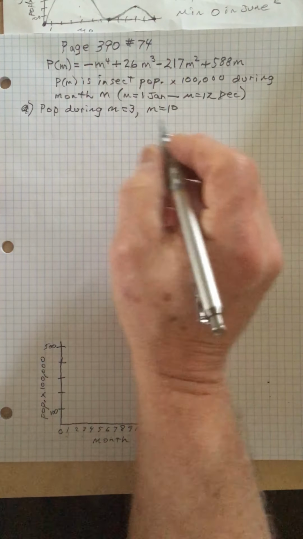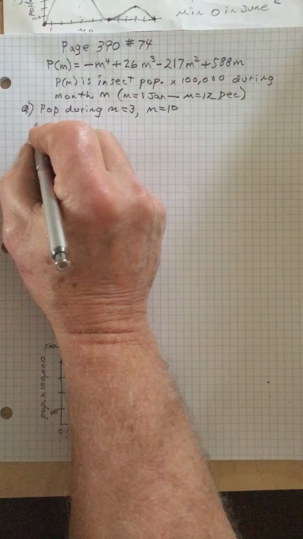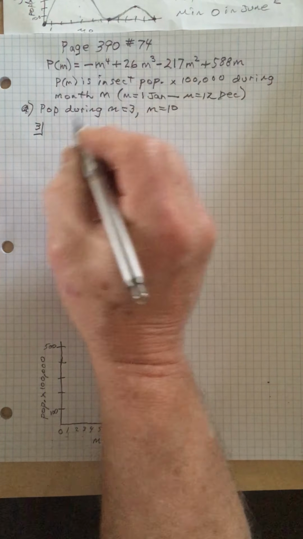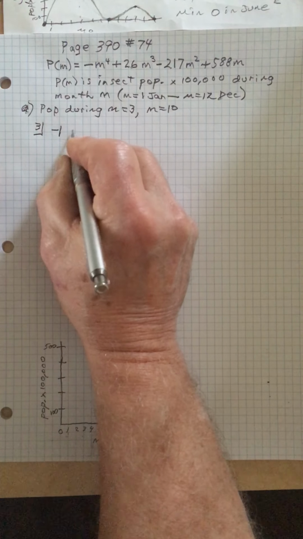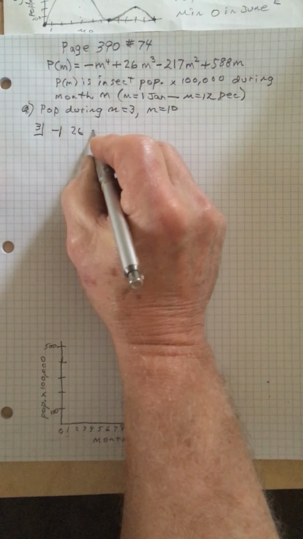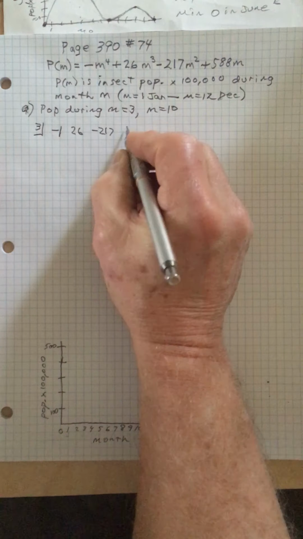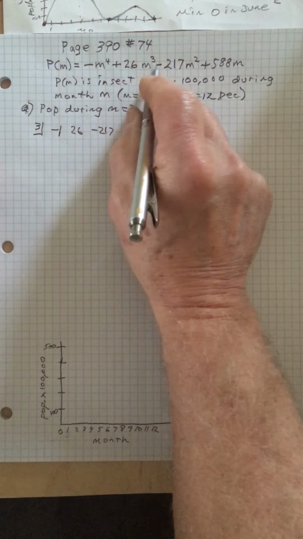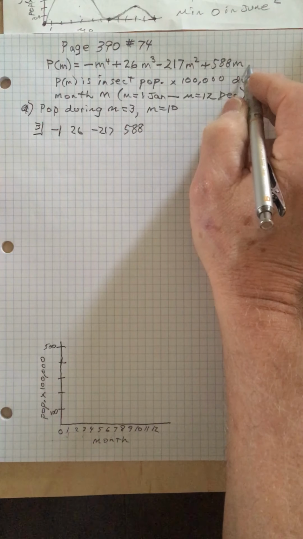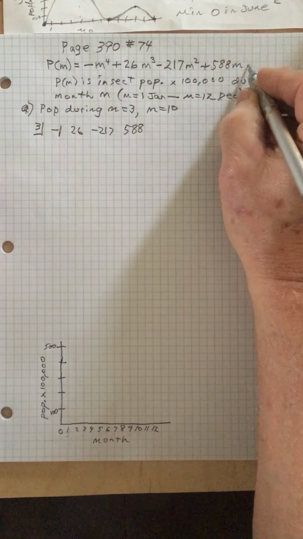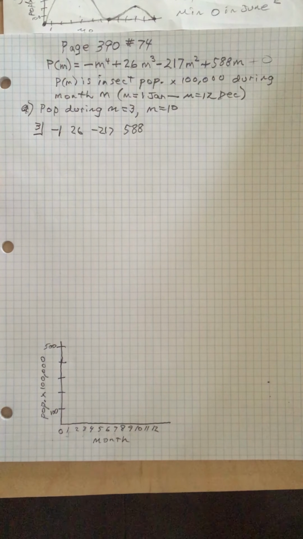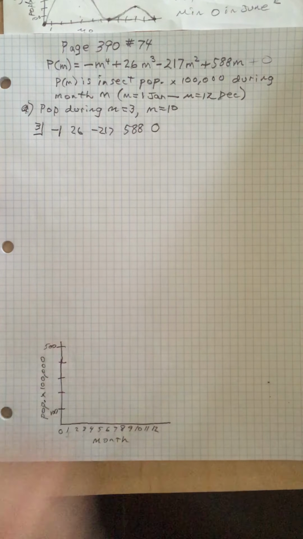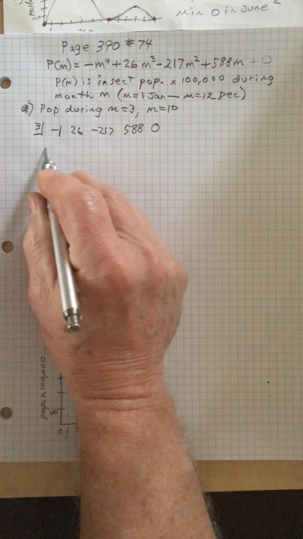So let's do that. So let's take March and let's put in our coefficients. Now we haven't had to do this before, but remember you have to zero fill missing powers. You also have to go all the way down to the constant term, which we don't have, so we need to add a 0 for that. So now we've got everything filled in.